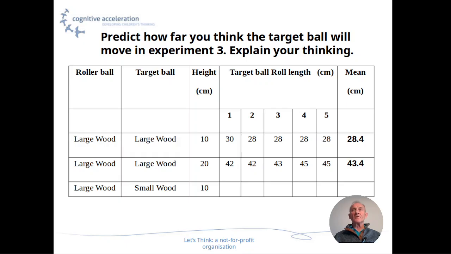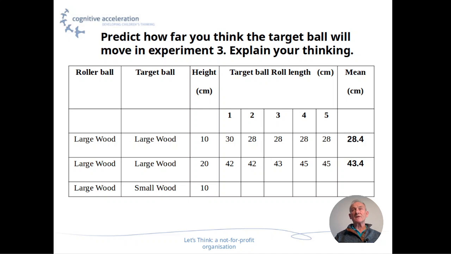Now we can see the results of the second experiment, and it's worthwhile for you to think how good was your prediction and how good do you think your explanation fits with this new data. And before we move on to the next experiment, I want you to think so far about the 2 experiments.